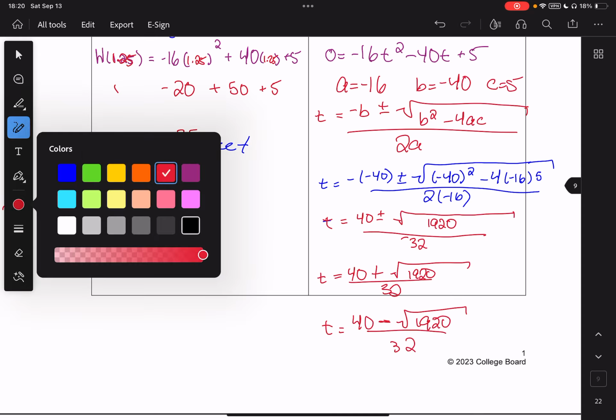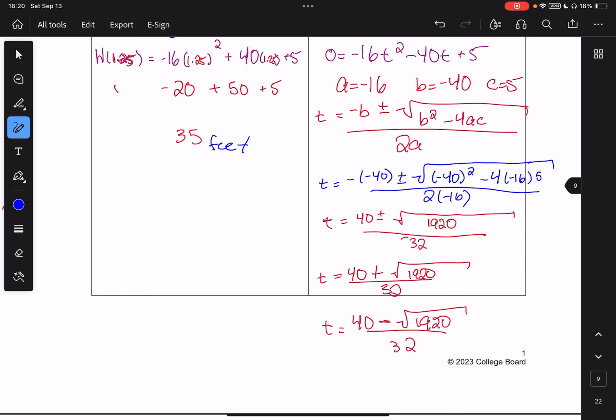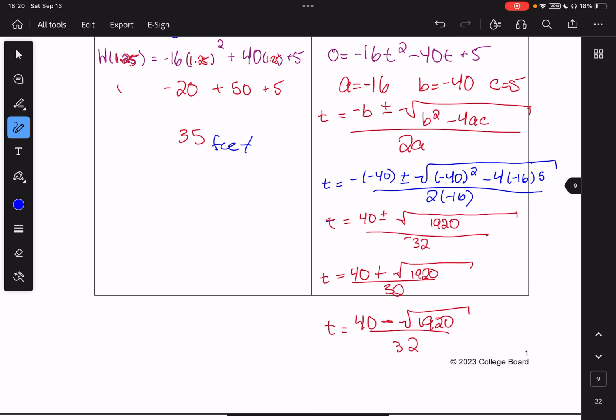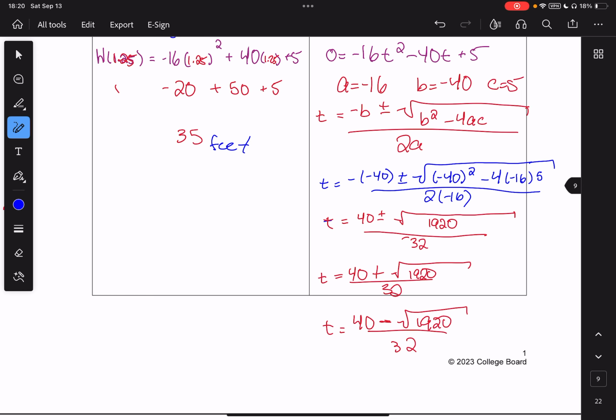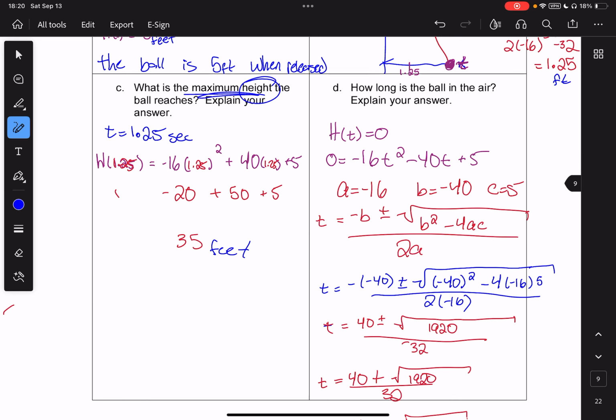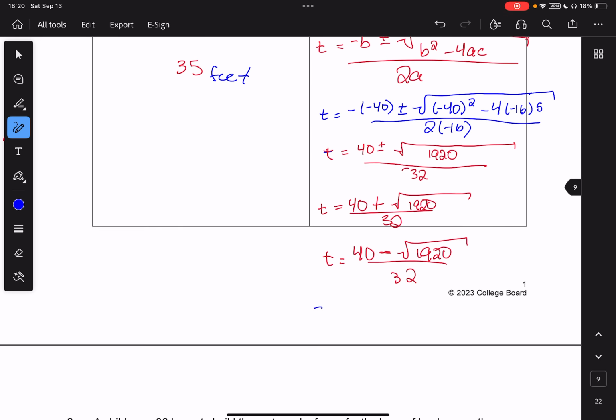So this simplifies out to either time is equal to negative 0.12 or T is equal to 2.62.